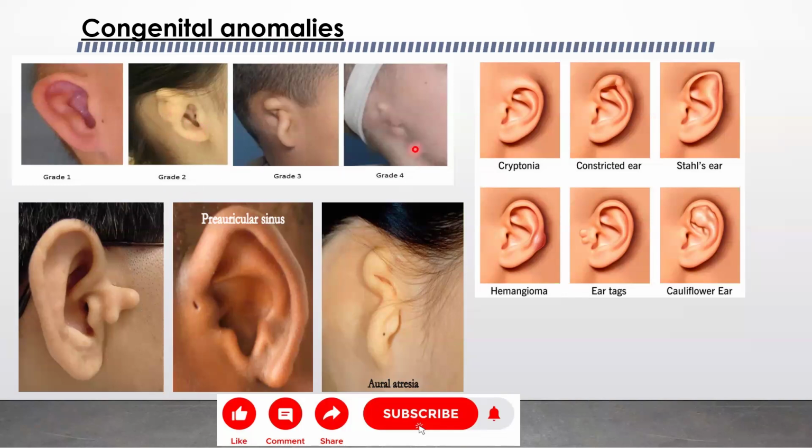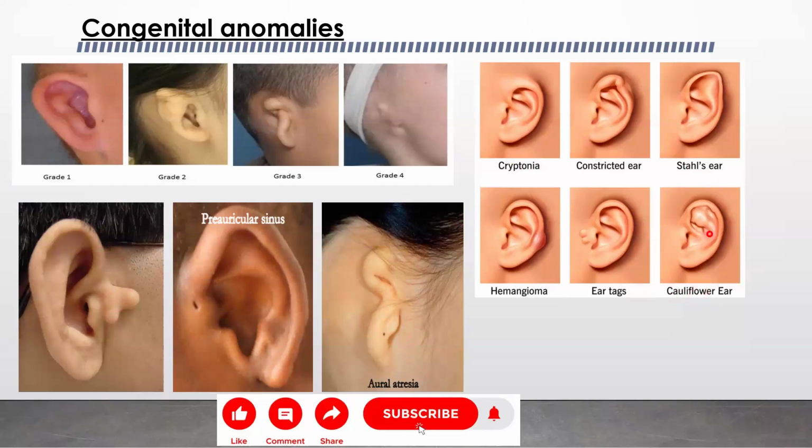Fourth degree is called anotia, absence of the outer ear, or completely missing. At this point, you can appreciate the tags being present. There's a preauricular sinus and there's aural atresia. Other anomalies that you can appreciate are cryptotia, constricted ear, Stahl's ear, hemangioma, ear tags, and cauliflower ear.